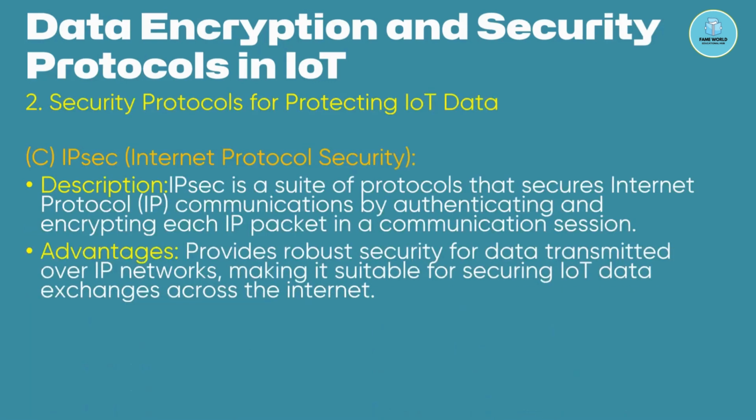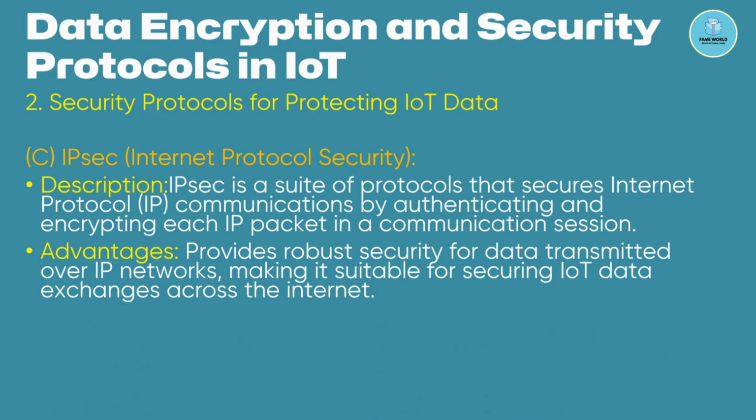Then the next one is IPsec, the Internet Protocol Security. IP stands for Internet Protocol, Sec stands for security. It is like an abbreviation, but this is the name. IPsec is a suite of protocols that secure Internet Protocol communication by authenticating and encrypting each IP packet in the communication session.